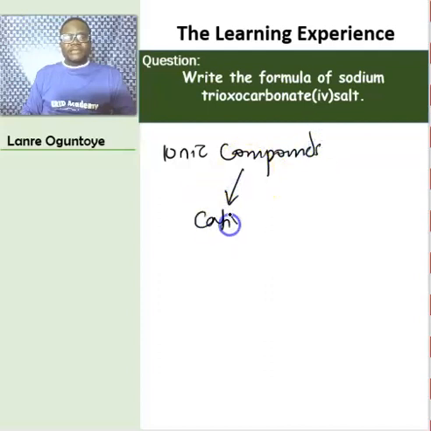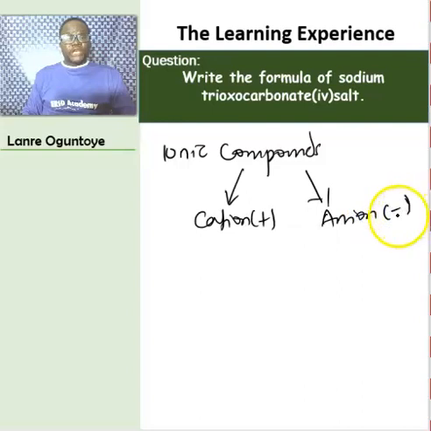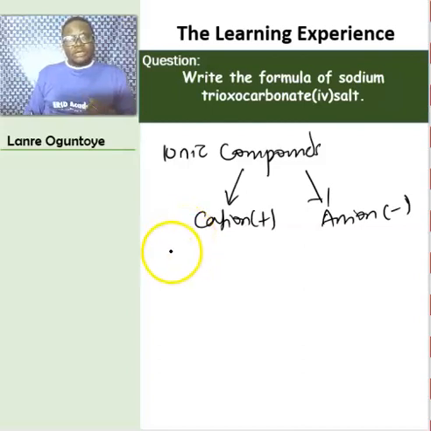They have the cation part, that is the positively charged ion component, and the anion part, which is the negatively charged component. So the next thing to do is to determine what part of the salt is the positively charged part. Now the positively charged part of this salt is the metallic ion, and of course the metal in the salt is the sodium ion.